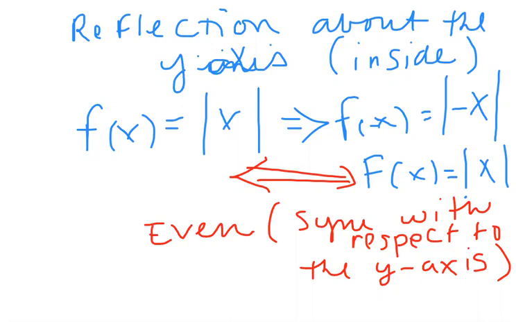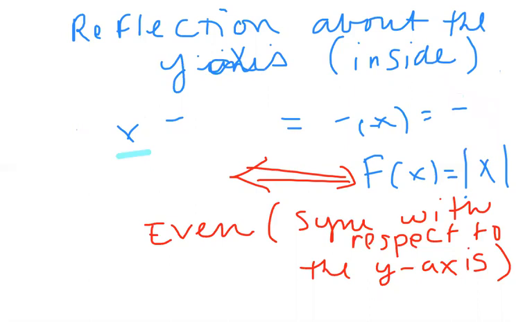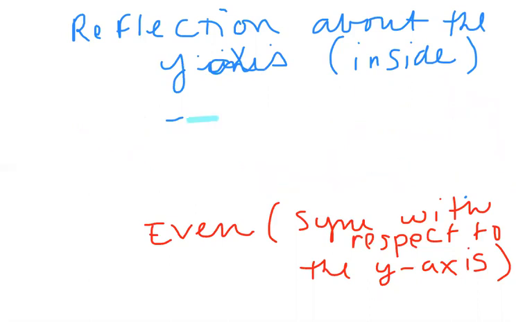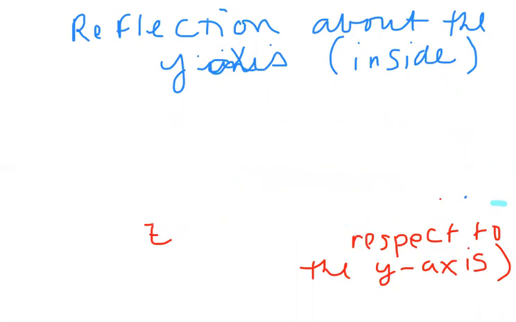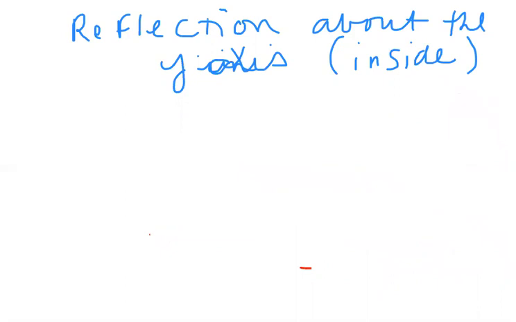The other function we can't do this for, guys, some of you probably have already figured it out, is of course the quadratic or the square function. And some of you may be wondering, why can't we do it on the square function? Well, let's analyze it. Just like with the absolute value function, if you have f of x equals x squared, this is going to occur inside the function.